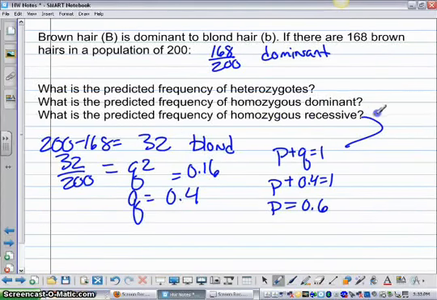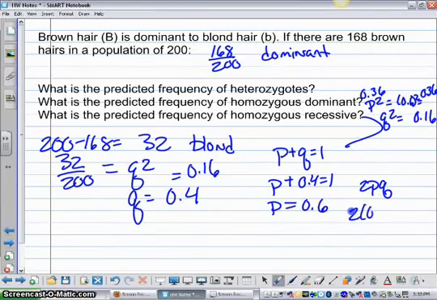So let's go back to our question. What's the predicted frequency for homozygous recessive? That's going to be Q squared. So that's 0.16. What's the predicted frequency of homozygous dominant? That's P squared. So that's going to be 0.6 squared, which equals 0.36. And then what's the predicted frequency of heterozygote? That's 2PQ.